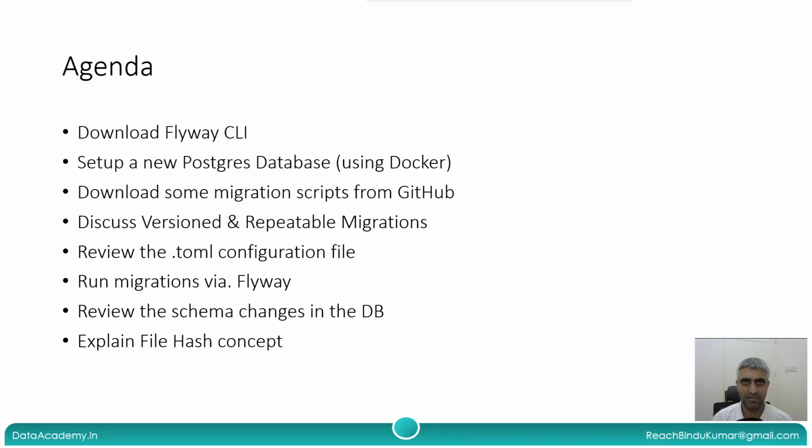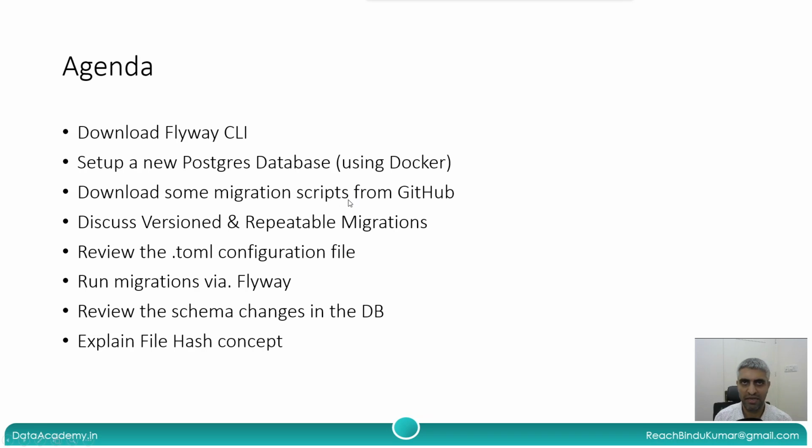So just to quickly summarize, in this video, we learned how to download the Flyway command line utility, which is open source and freely available for anyone. We installed a new database and created a new database called Test Flyway. I chose to use Docker, but you can install Postgres on your Windows or Linux machine and use that as well.